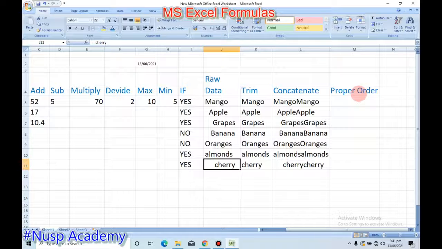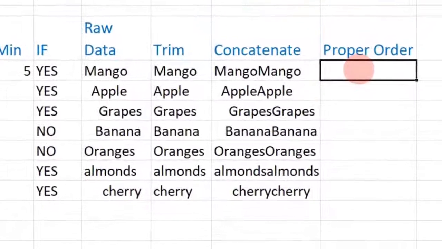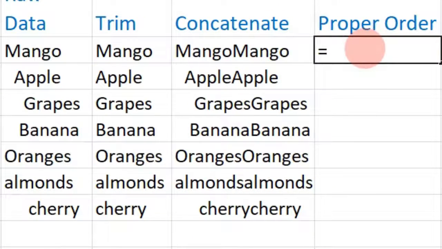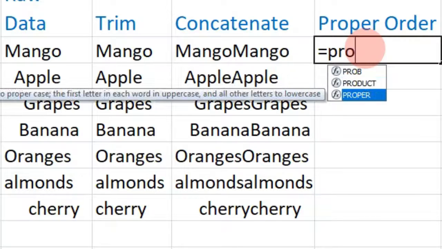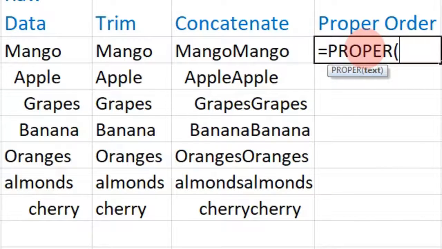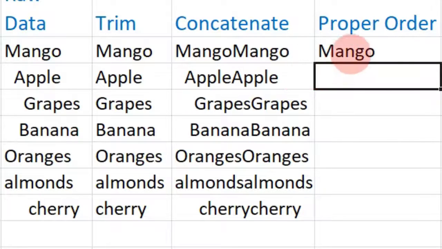So how will we do that? We have a formula equal to proper and select this cell, enter, mango.